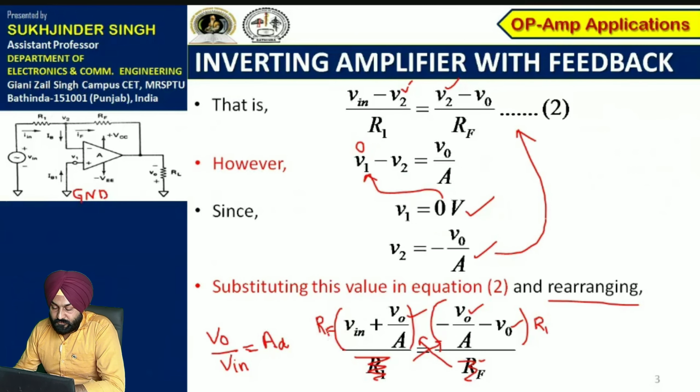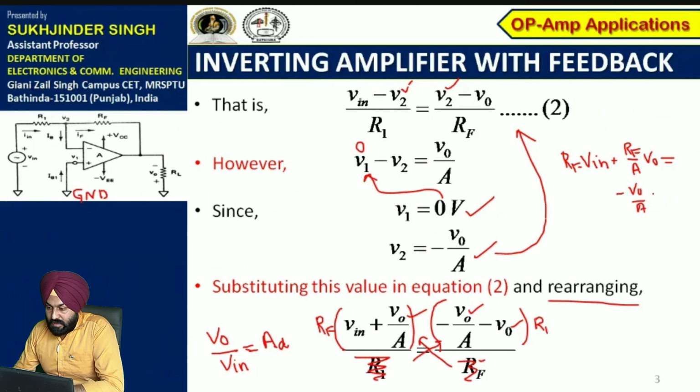And after that, you can write RF Vin plus (RF by A) into V0 is equal to minus (V0 upon A) into R1 minus V0 into R1.